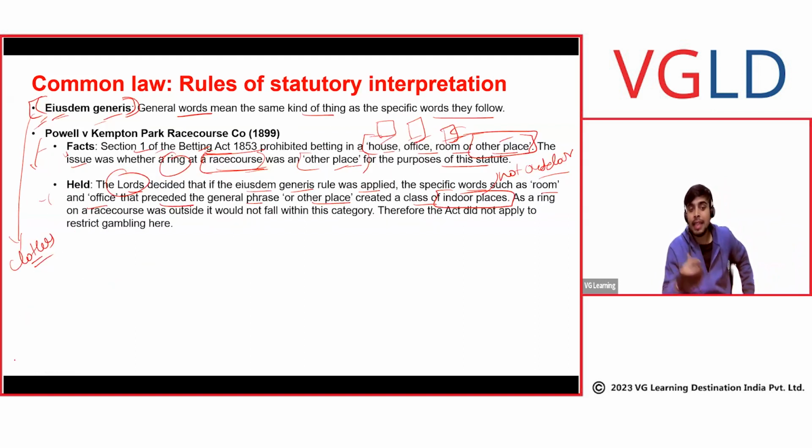Now you may ask why ejusdem generis was applied, why not the purposive rule. See, that depends on the situation. Let's say the case was fought at the High Court level, so the High Court interpreted the words according to the law, applying ejusdem generis. But if this case goes to the Supreme Court, they will not only follow the meaning of these other places, but they would also see the impact of the law on society. The Supreme Court takes into account the interpretation of law, the intention of the law, as well as the impact it would have on society.